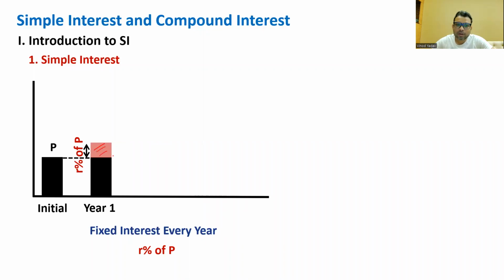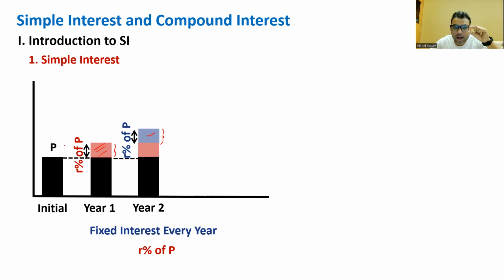Next year, also the money will grow by the same amount, same value. See, this height is exactly same. So that extra money is nothing but R% of original principal only. And you know, original principal remains same. That doesn't change. So how will this change?